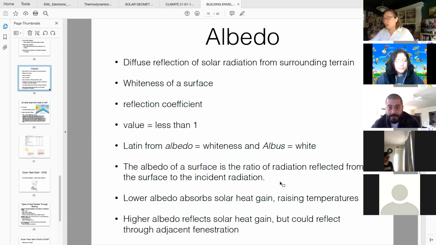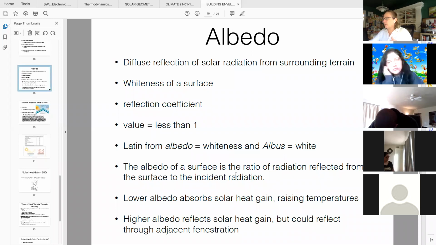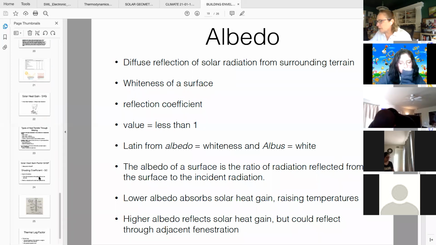Okay, so it's a ratio of the radiation reflected from the surface to the incident radiation. Okay, that's probably not very clear.